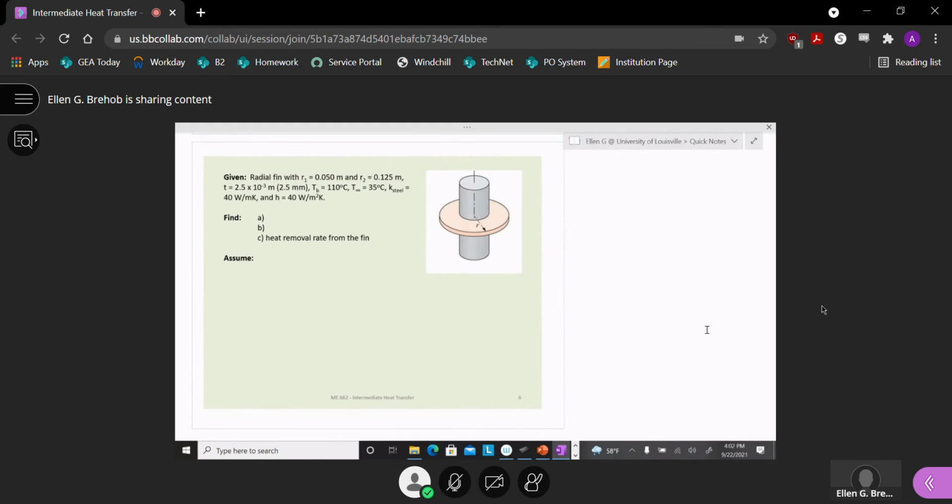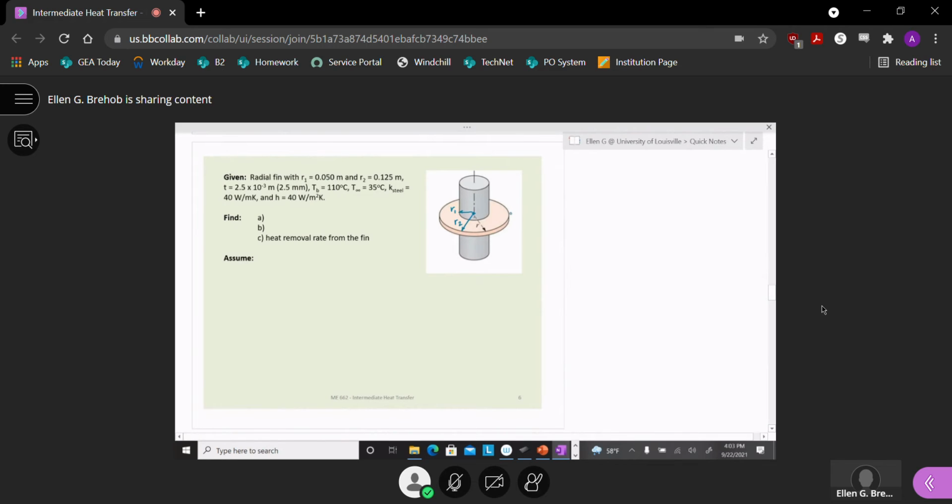So this is a picture of just a single radial fin, and we've got some dimensions given. From the center line to the fin tip is R2, and from the center to where the fin meets the tube surface is R1.